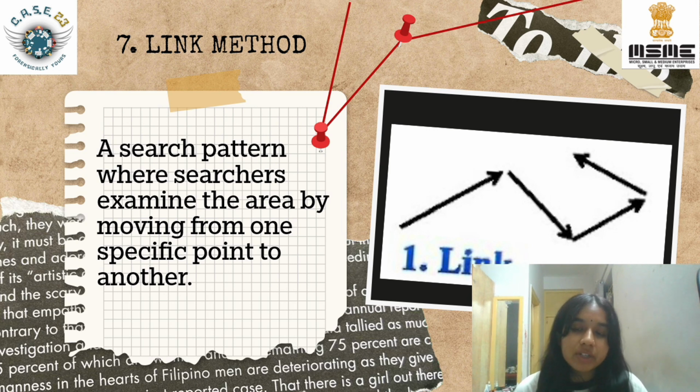The last method of crime scene search pattern that we will be discussing today is the link method. This is a very simple method where the investigator moves from one evidence to another and links from one evidence to the other. It is a search pattern where searchers examine the area by moving from one specific point to another. It does not have to be an orderly or systematic procedure.